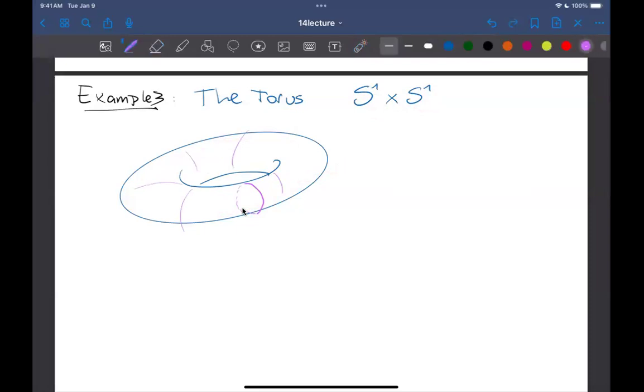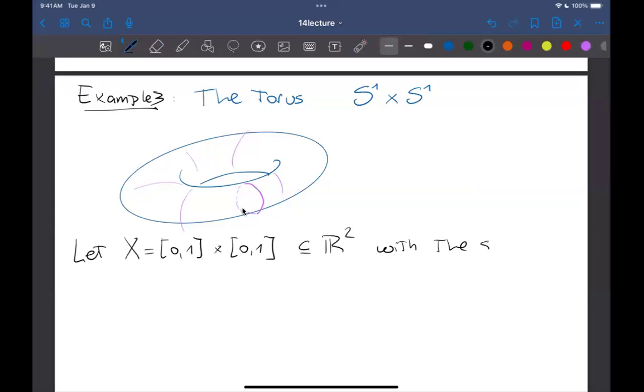Okay, now let's try to understand this from our quotient space point of view. This is going to be my space where I will define an equivalence relation: X is [0, 1] cross [0, 1]. This is a subspace of R2 with the standard topology. Here's the equivalence relation.